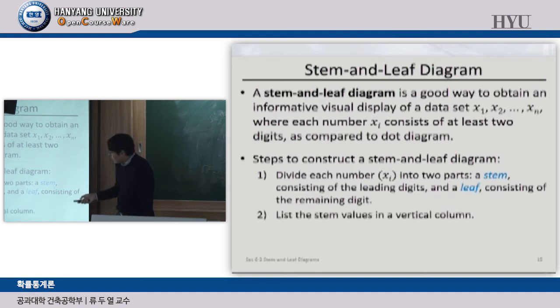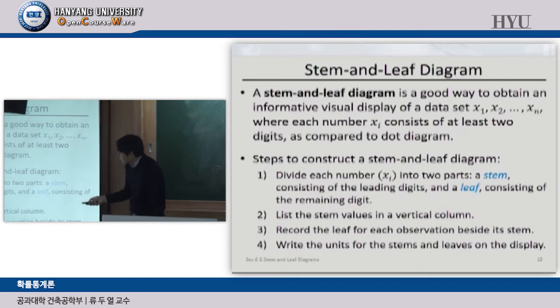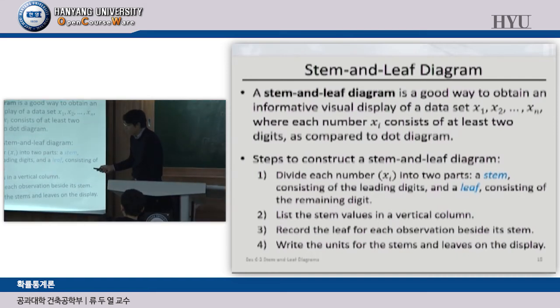Secondly, we list the stem values in a vertical column and record the leaf for each observation beside its stem. Finally, we write the units for the stems and leaves on the display. So these are the steps to construct a stem and leaf diagram.